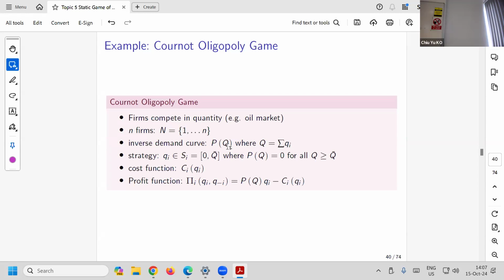If you produce zero, you get zero. So zero is better than anything bigger than Q bar. So anything slightly bigger than Q bar is strictly dominated. That's why if your interest is just to solve for Nash equilibrium, you can always do this without loss of generality.